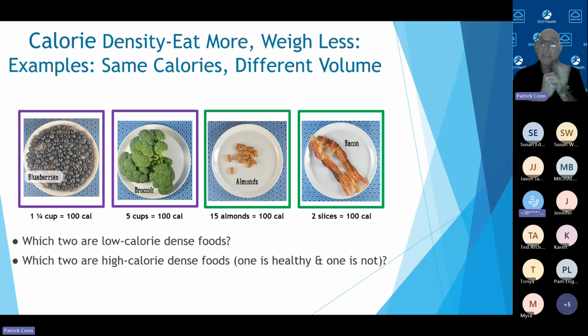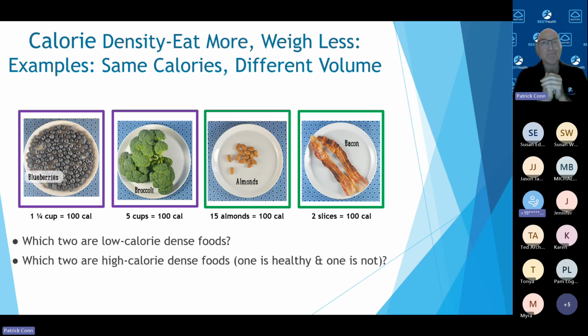Exactly. So the almonds are still a high calorie dense food. Again, they have a lot of calories in a small amount of food, but they are extremely healthy. That's why you have to practice portion control with your nuts and your seeds.